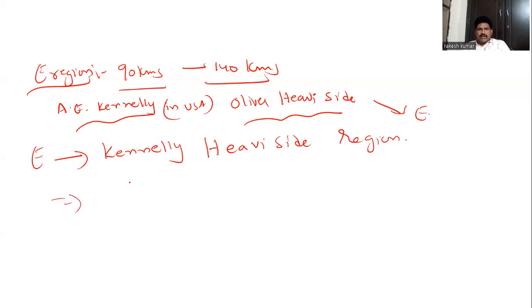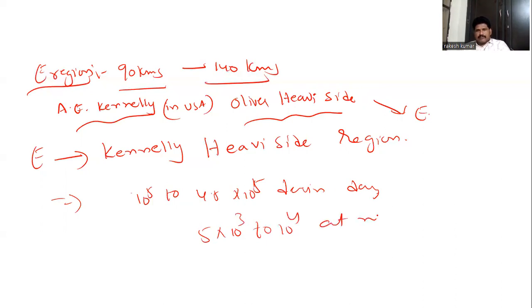Coming to the electron density, it ranges from 10 to the power of 5 to 4.5 into 10 to the power of 5 during daytime, and 5 into 10 to the power of 3 to 10 to the power of 4 at night time.